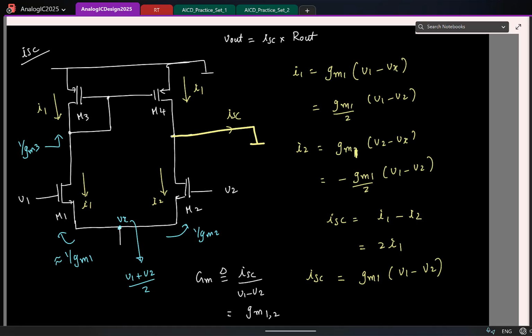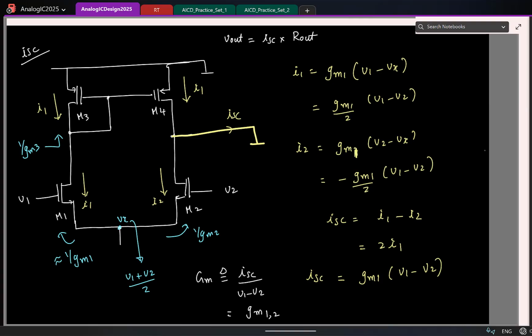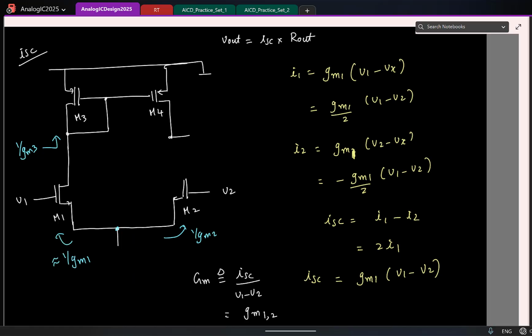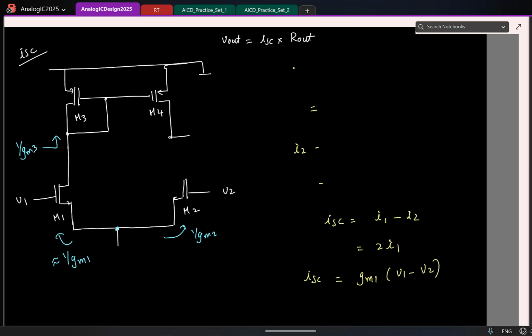What is the second part? Rout. So let's do Rout. Let me take this out. Now I'm trying to find the output resistance.